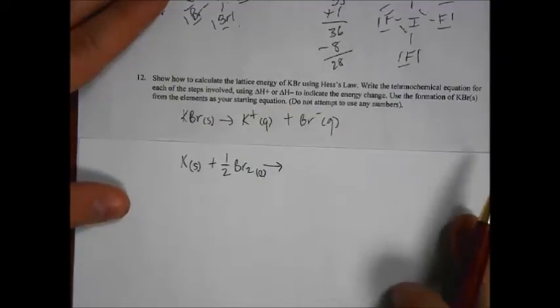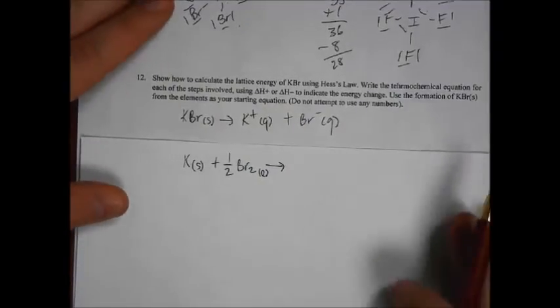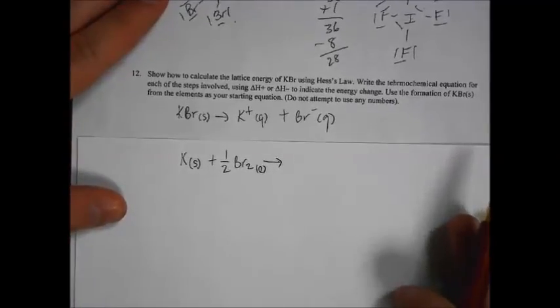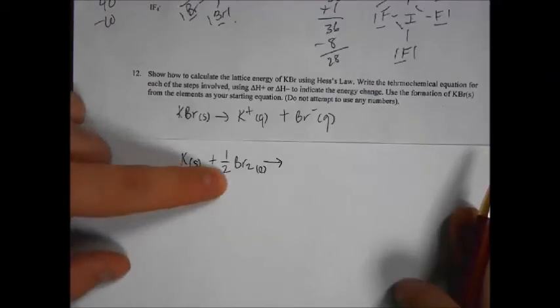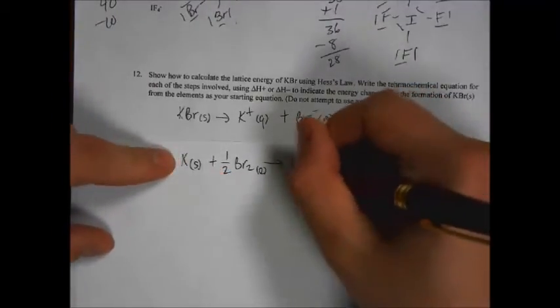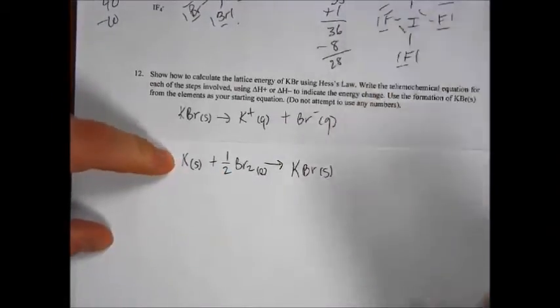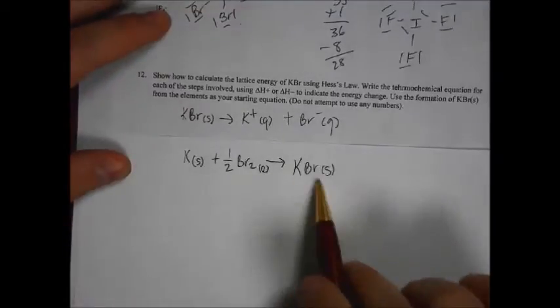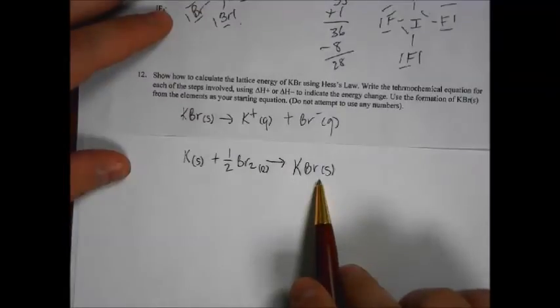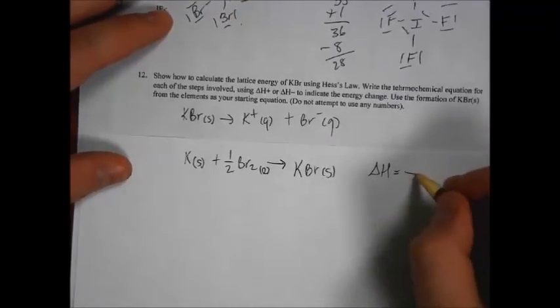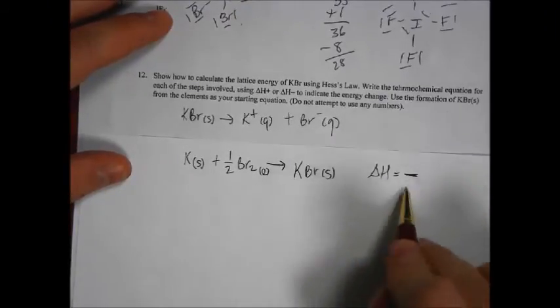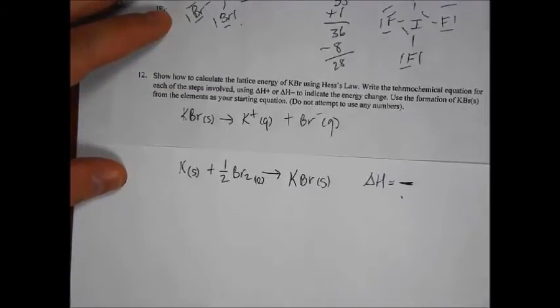These are the definitions that you have to know: a formation equation, a heat of formation, is the combination of elements in their standard states to give the compound that you want. Okay? So when we plug this in, the delta H of this one is going to be a negative. All heats of formation are negative for the most part.